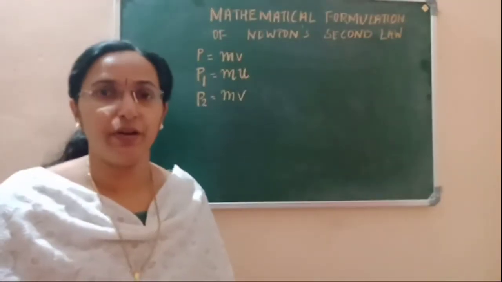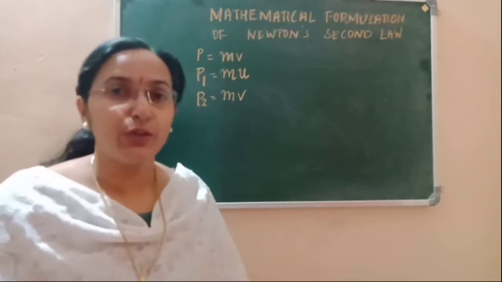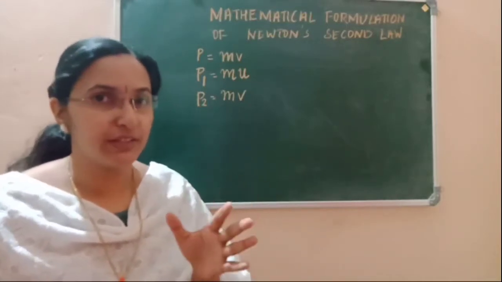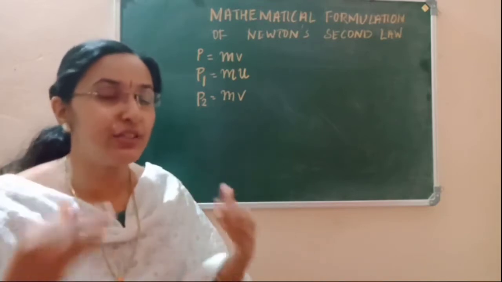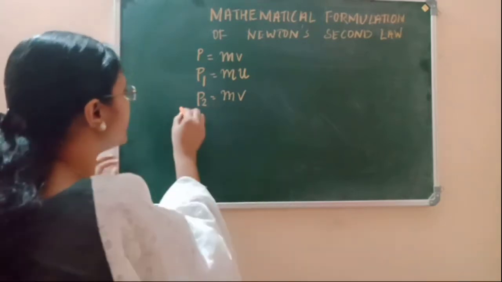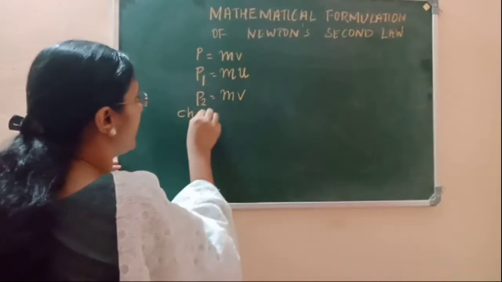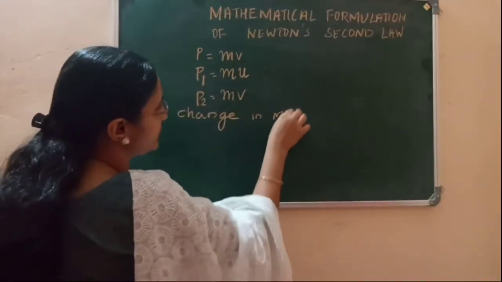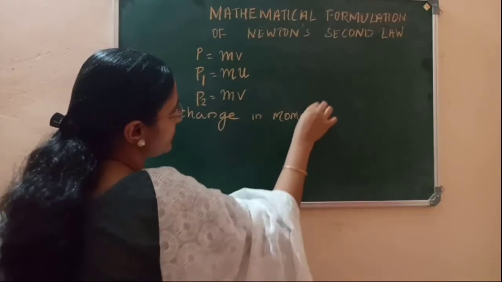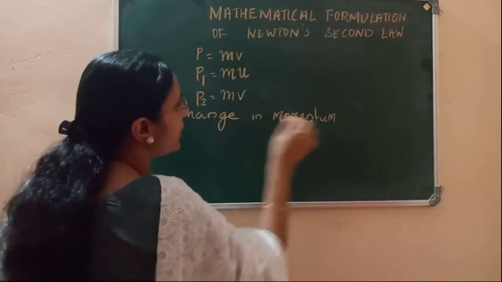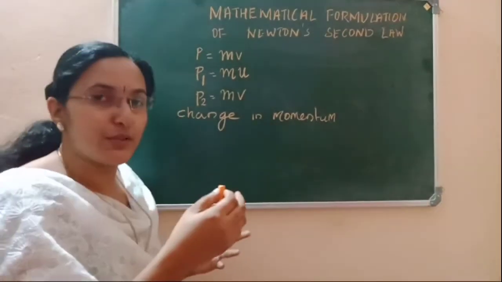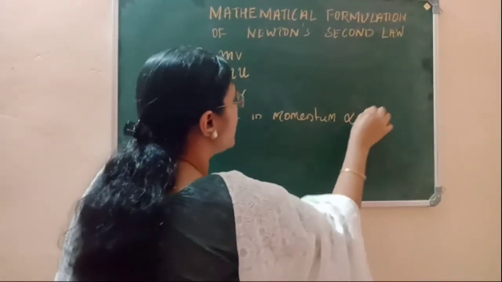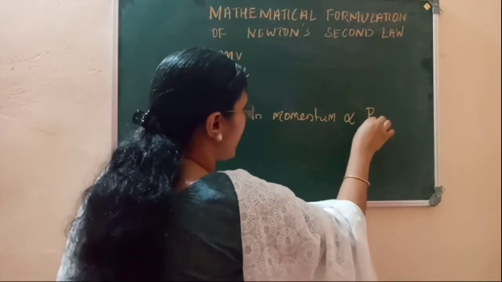The next step, from Newton's second law: there is rate of change of momentum, but instead of that we are first taking change in momentum. Change in momentum is proportional to the external force.